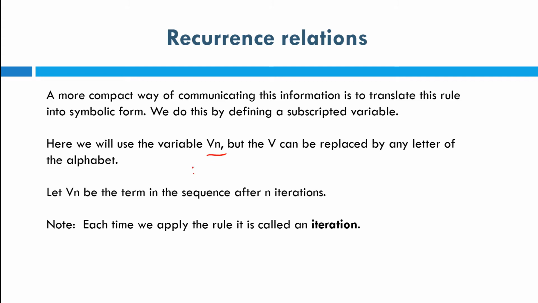The v can be replaced by an a if you want, so you can have an, tn, whatever you like, but for our purposes we'll start with vn to keep it simple. And we're letting vn be the term in the sequence after n number of iterations. Each time we apply the rule, it is called an iteration.